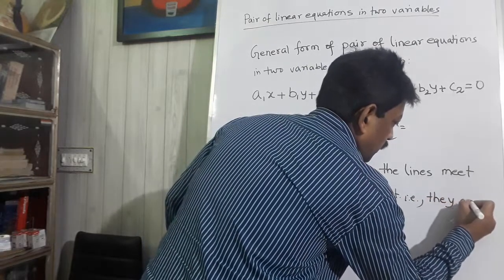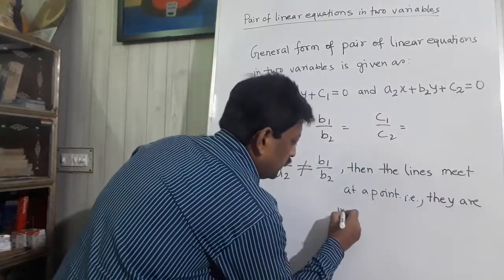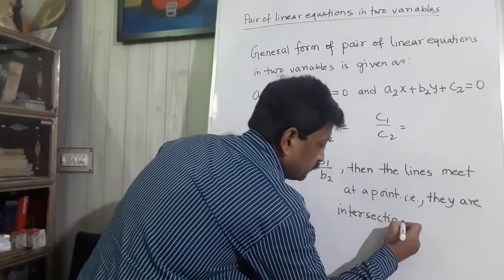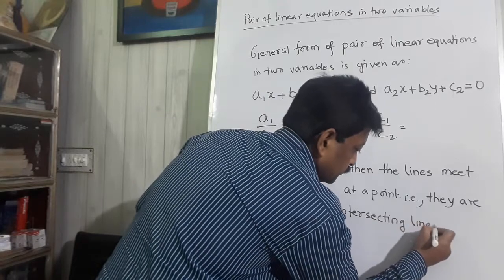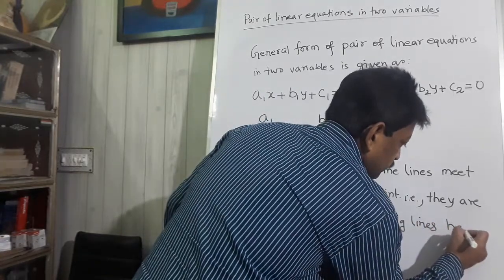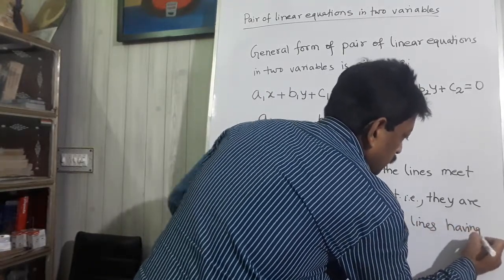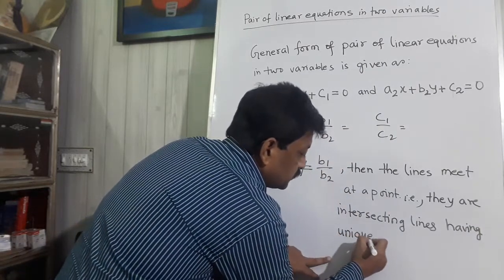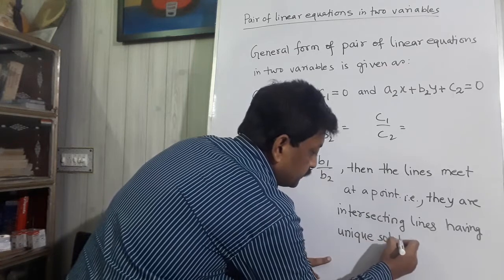They are intersecting lines having a unique solution. Unique solution means only one solution.